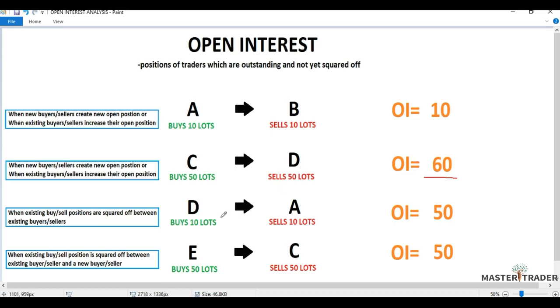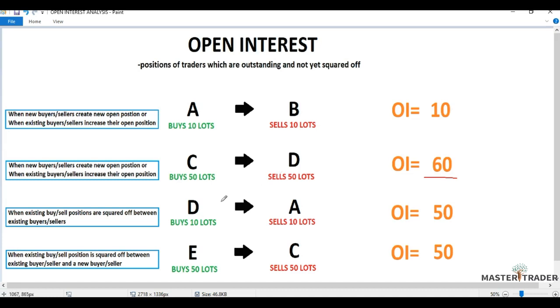Now D buys 10 of those lots back, and D is buying it from A who earlier bought 10 lots. So A is simply squaring off his or her position. Earlier A bought 10, so now A is selling the 10 lots. And who's buying from A? An already existing player.